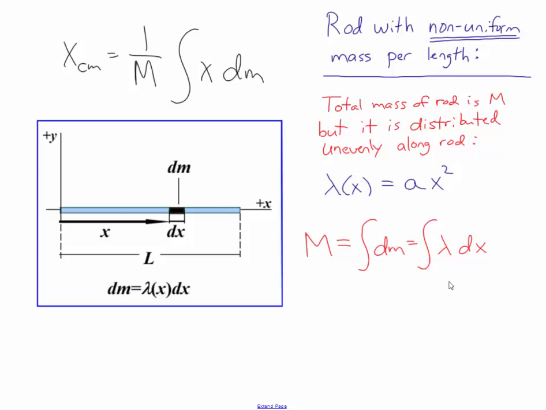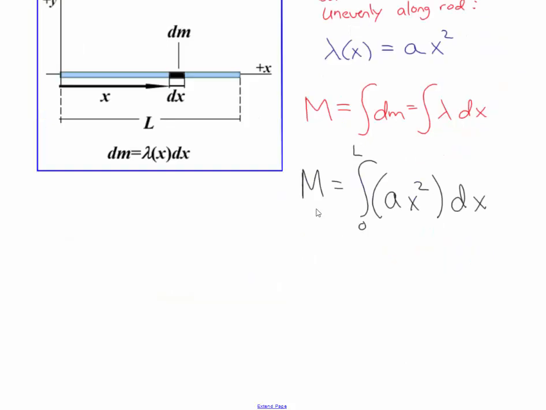And those little pieces dm are lambda times dx. So m, the total mass m, has to equal the integral from 0 to L, from the left side of the rod to the right side of the rod, of lambda, a x squared, times dx.